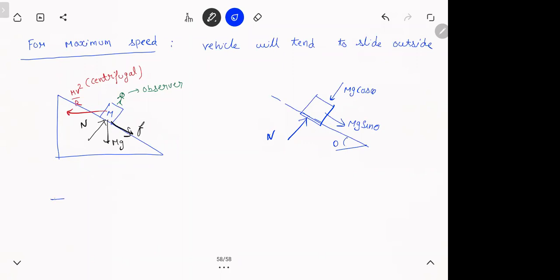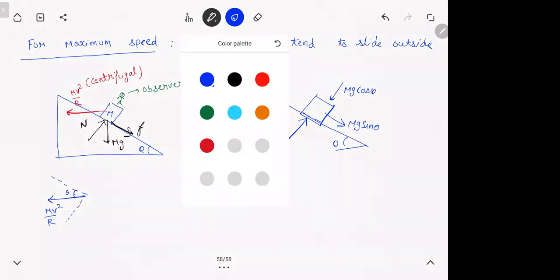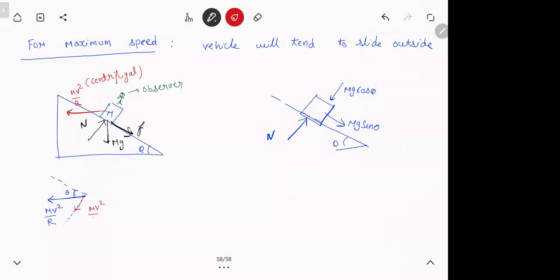Now the pseudo force is also there, no? mv square by r, this was theta, r. So this is mv square by r sin theta. This component will be mv square by r cos theta.